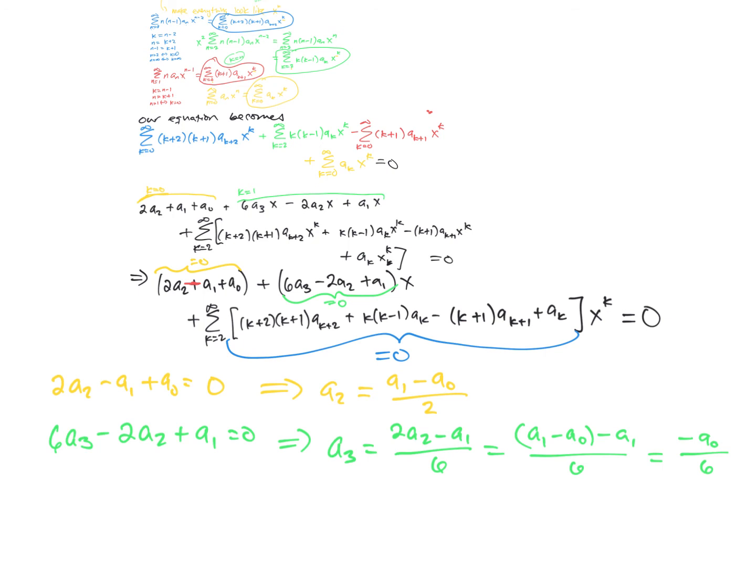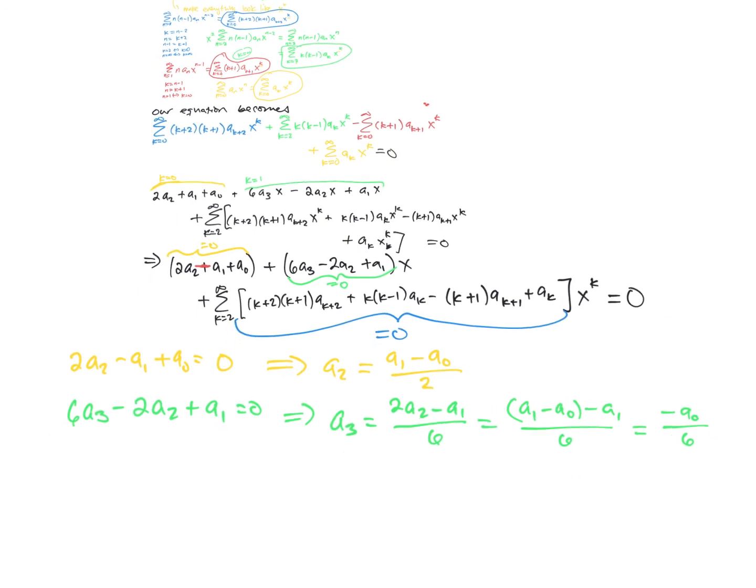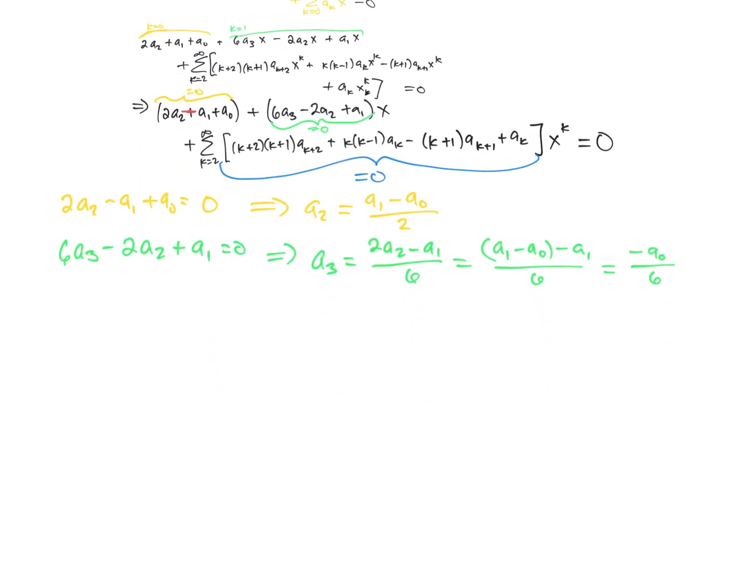So next we have the blue equation there. All the stuff in the blue brace equals 0. And that'll give us the higher order k term. There are a couple of different ways you can do it.